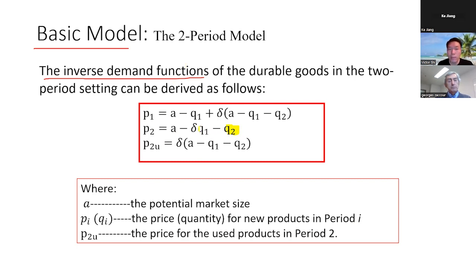Q1 is the number of new products from the first period, but because they are used, delta is like the remaining value of this product. So in period 2, Q1 is the equivalent number of new products. Basically, price equals A minus the quantity in the market.